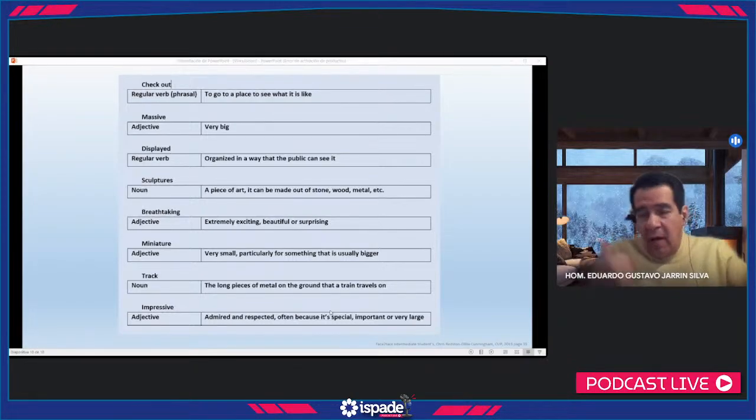So let's recap a little bit. Whenever we have reading, we have three things which are considered for reading exercises: reading for gist, reading for details, reading for specific information.